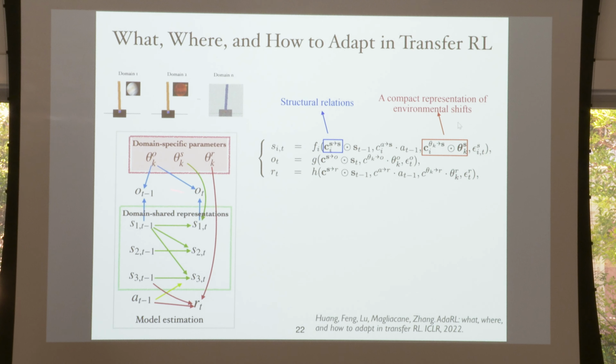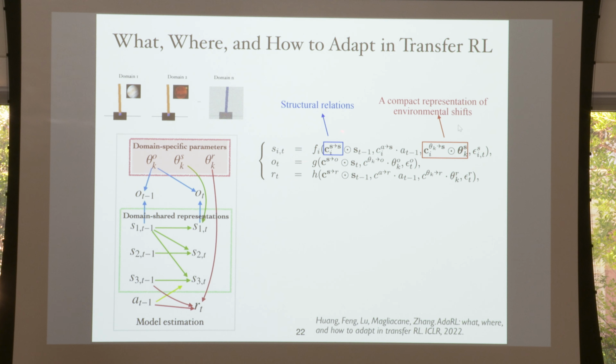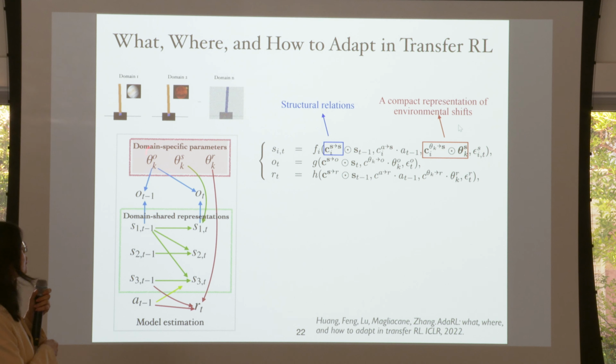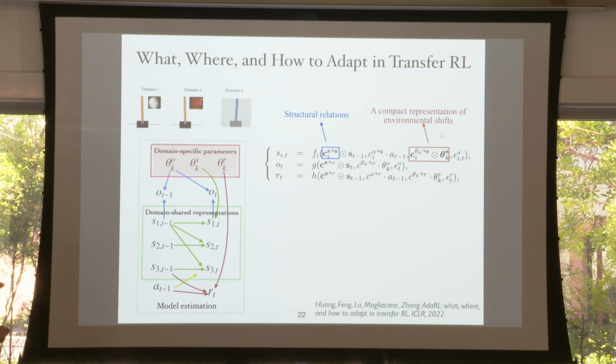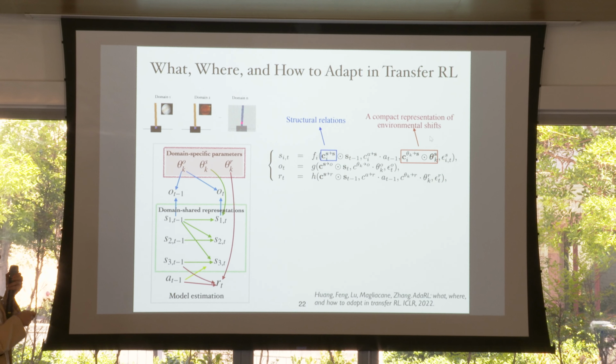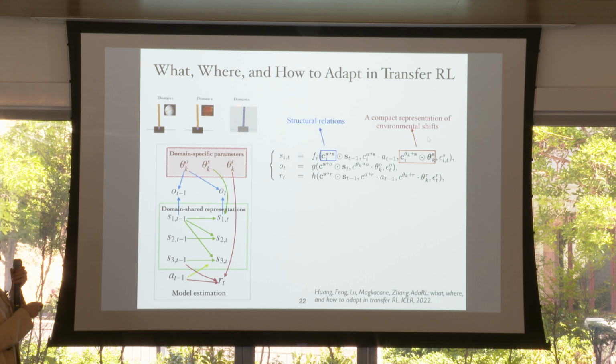Besides including the structural relationships among variables in the system, we also introduce a low-dimensional variable theta to characterize the environment shifts in a compact way. You can see here we use theta O to represent the changes in the observation function, such as white noise added on the images.